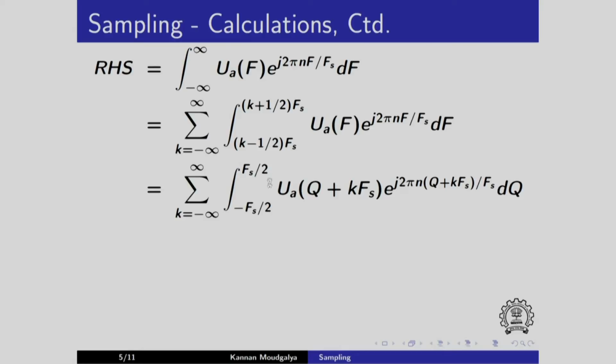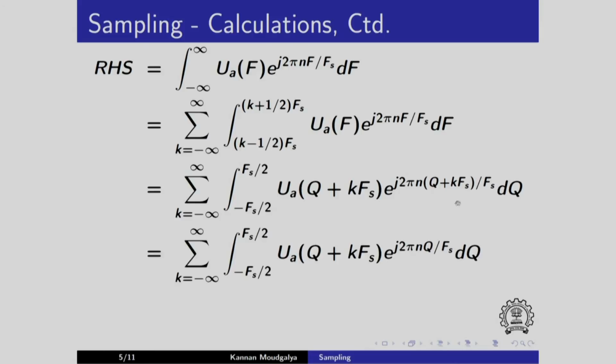I would want you to verify that this is indeed correct. Now what I will do is, I will multiply these two. Here you have k times fs and then you have divided by fs. So when I multiply, it will be plus k. This will produce an integer multiple of 2 pi.